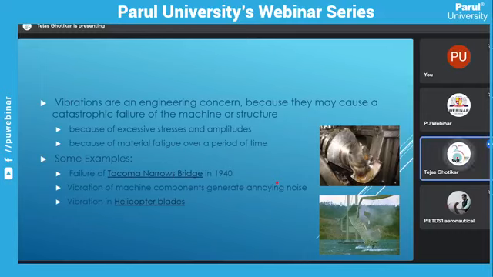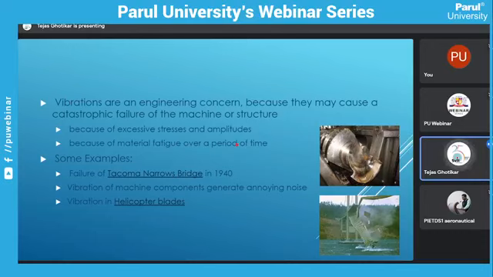If we consider it in engineering terms, vibration causes many different types of failures. Because of vibration we may have excessive stress, excessive amplitude, or material fatigue.